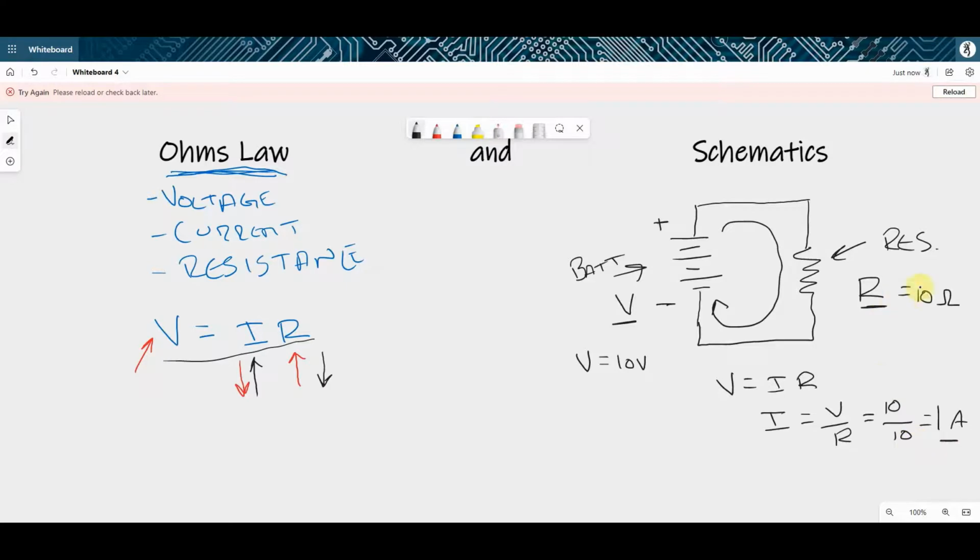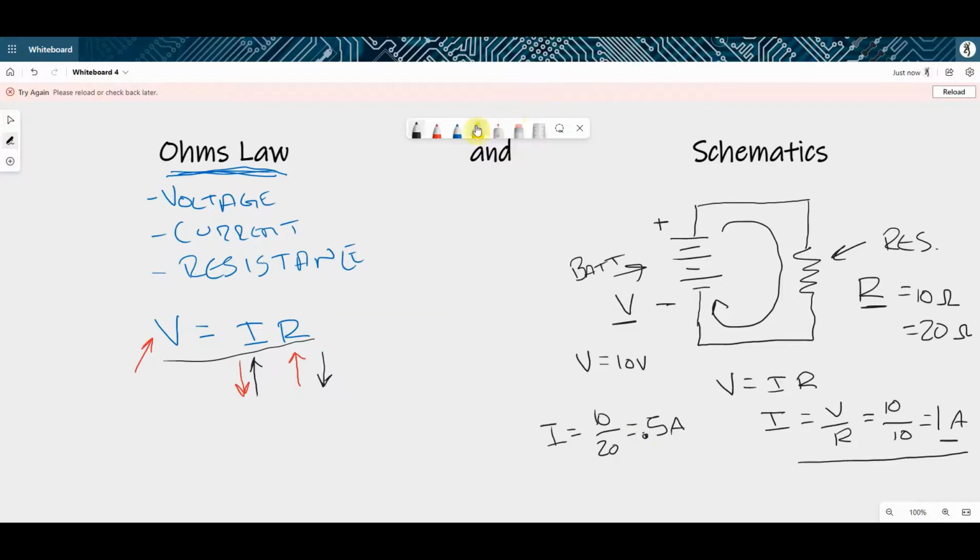Now that's an awful lot, and these values probably aren't real-life values, but it's just to show you the relationship. Now, what happens if we up our resistance to 20 ohms? My current is 10 divided by 20, which gives me 0.5 amps.